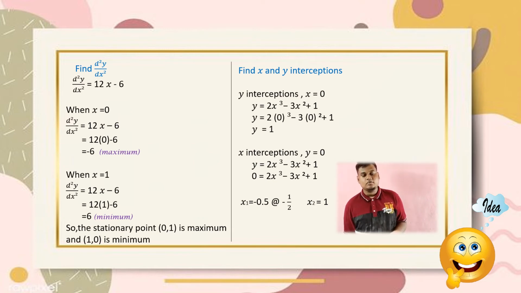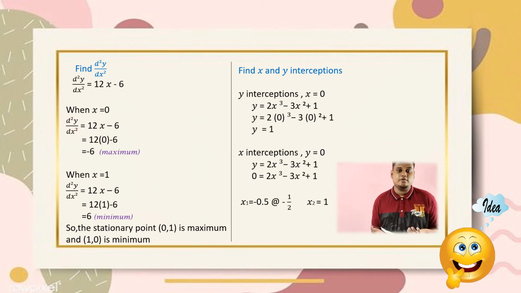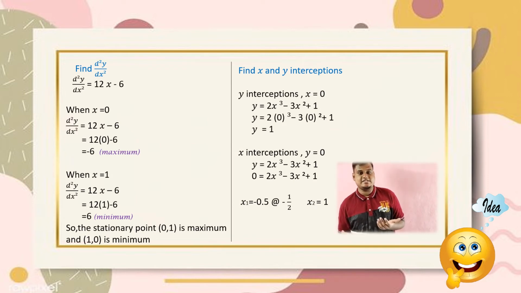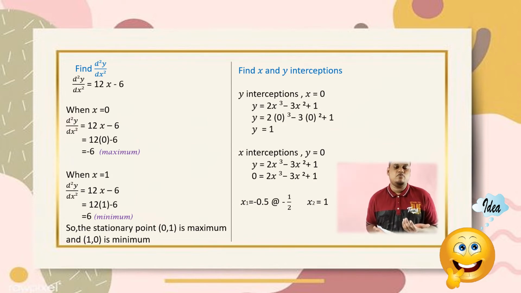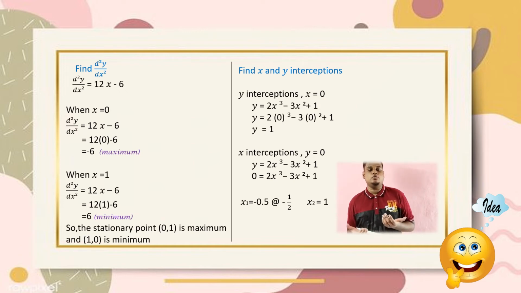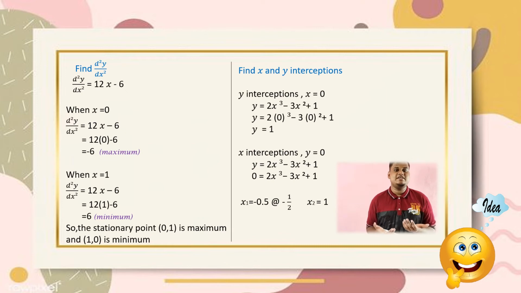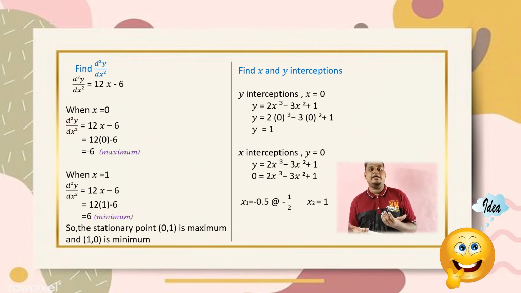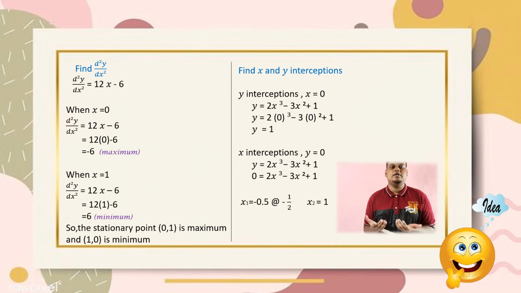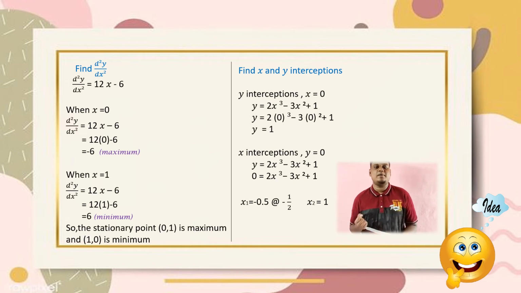Now we want to find the y-intercept and x-intercept. For the y-intercept, x equals 0, y equals 2x power of 3 minus 3x power of 2 plus 1, which equals 2(0) power of 3 minus 3(0) power of 2 plus 1.